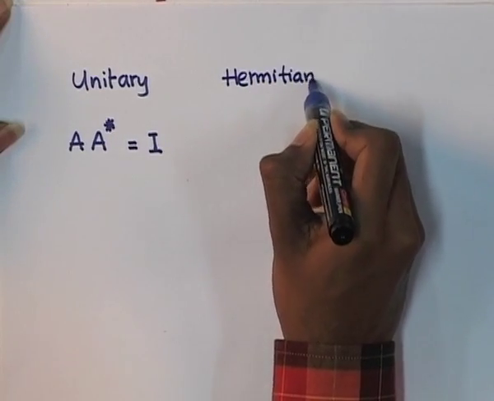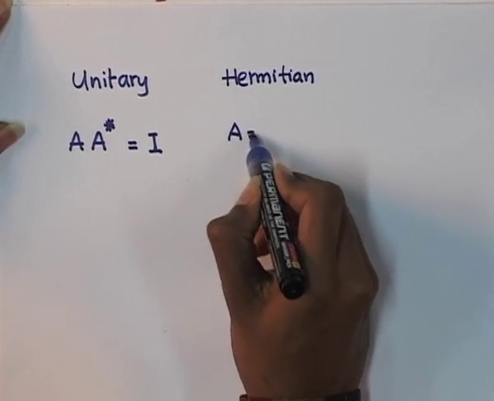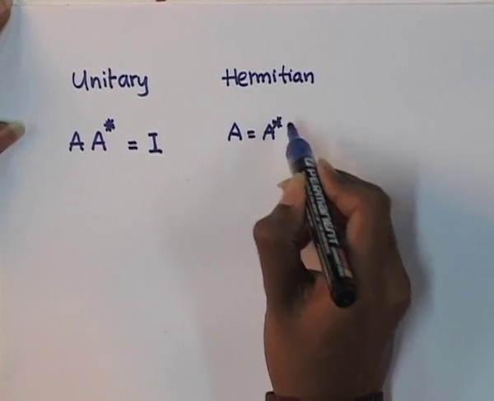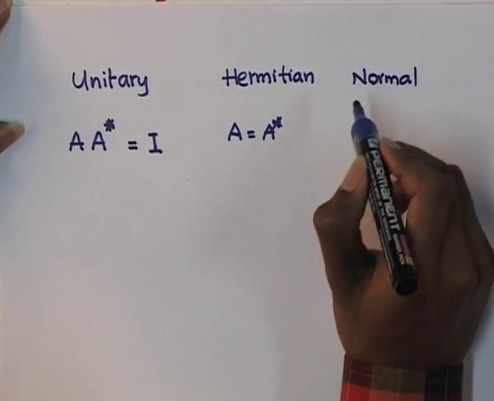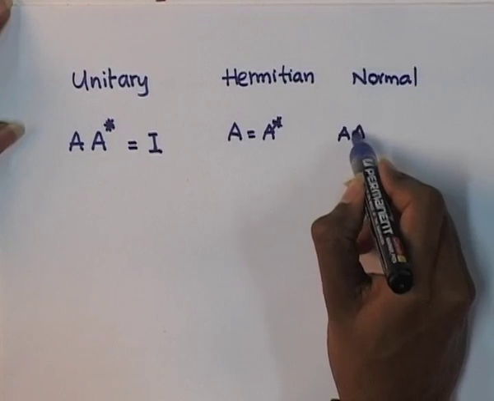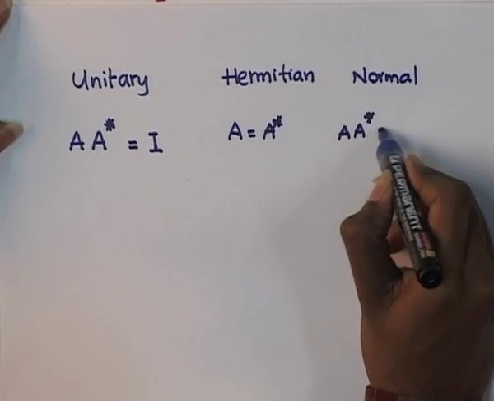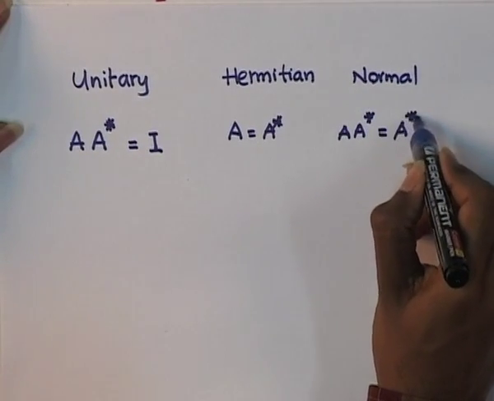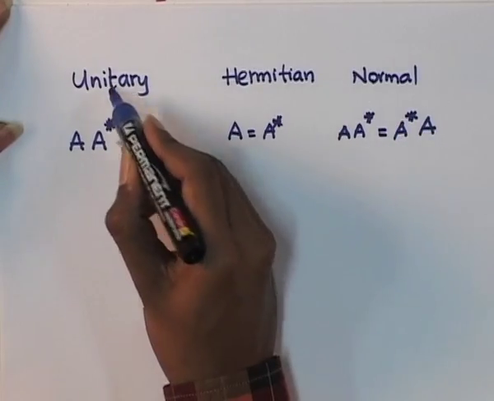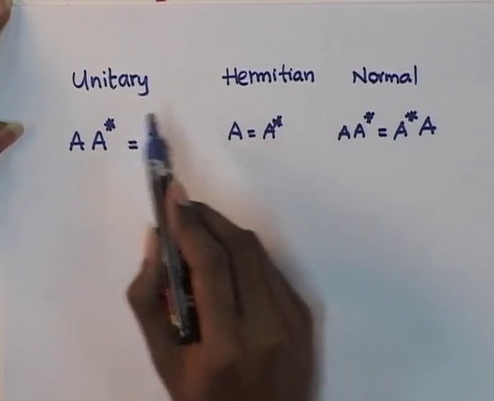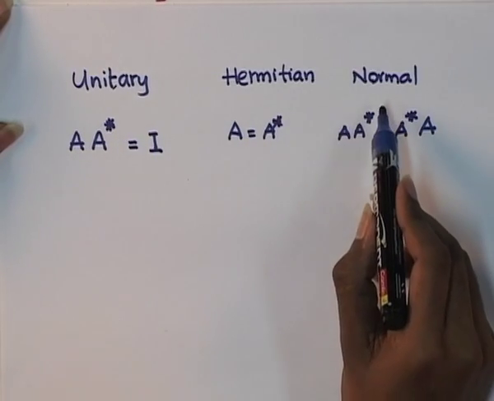The matrix is called Hermitian when it satisfies A equal to A star. The matrix is called normal when it satisfies the relation A A star is equal to A star A. These are the definitions of these three terms: unitary matrix, Hermitian matrix, and normal matrix.